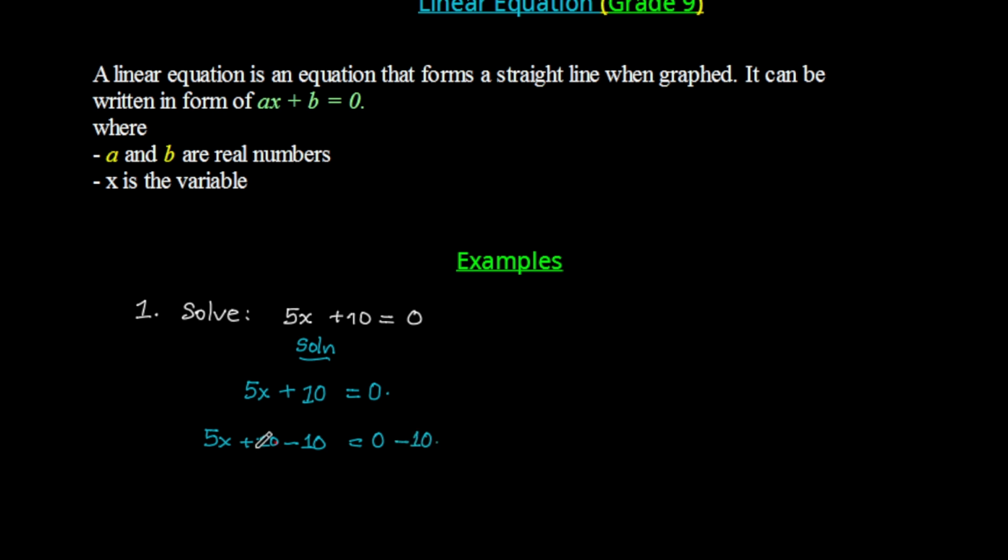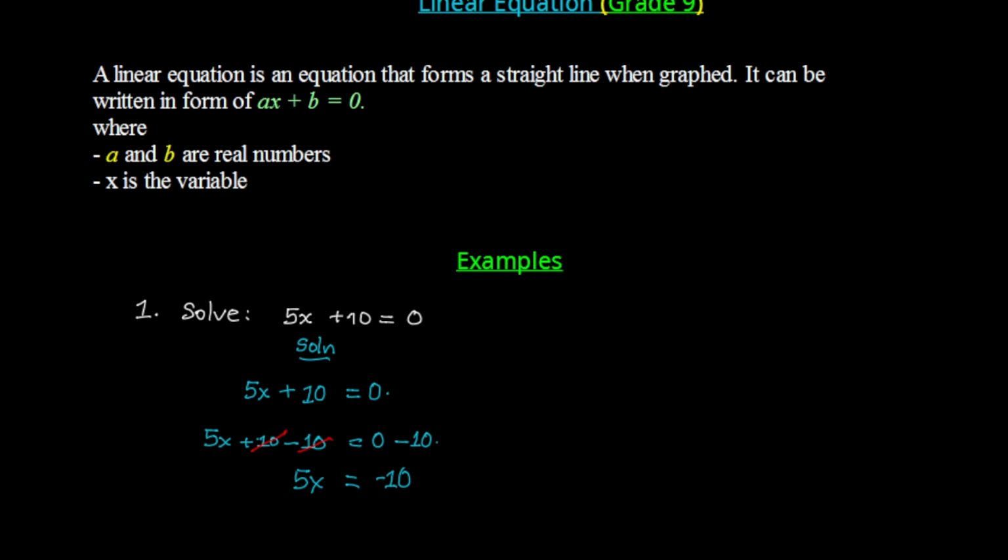Now 10 positive and 10 negative cancel. The remaining term on the left hand side is 5x, so we have 5x equals, now 10 subtracted from 0 gives negative 10.